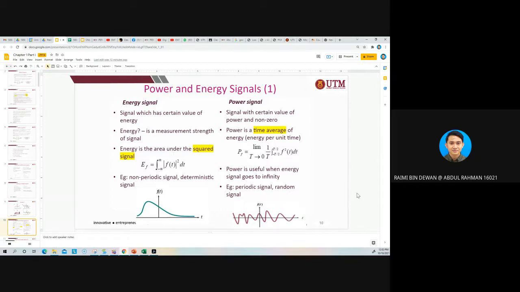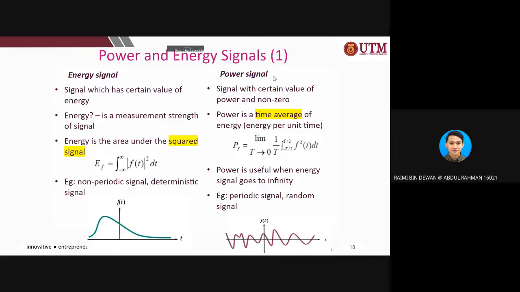Then a power signal is a signal with a certain value of power, and non-zero. Power is a time average of energy. You can see it's a bit related but not directly similar, but you can see the equation is a bit related. So power is a time average of energy per unit time.